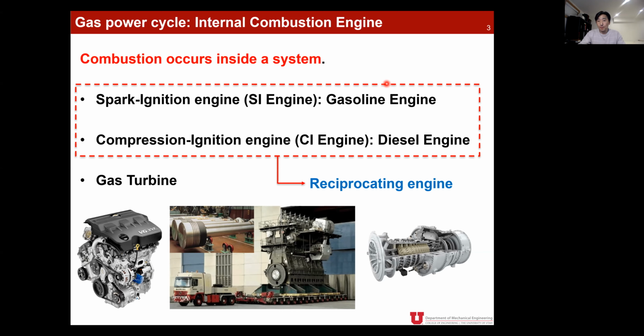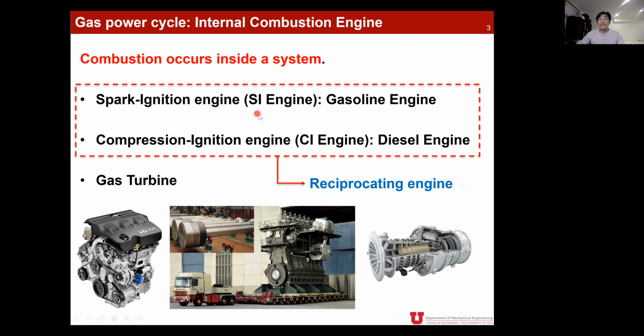There are three heat engines that we use in daily lives for power plants or other areas. The first engine we are going to talk about today is the spark ignition engine, or in short, the SI engine.